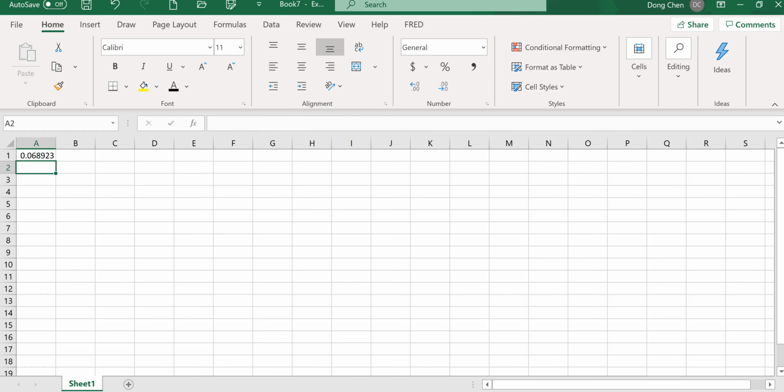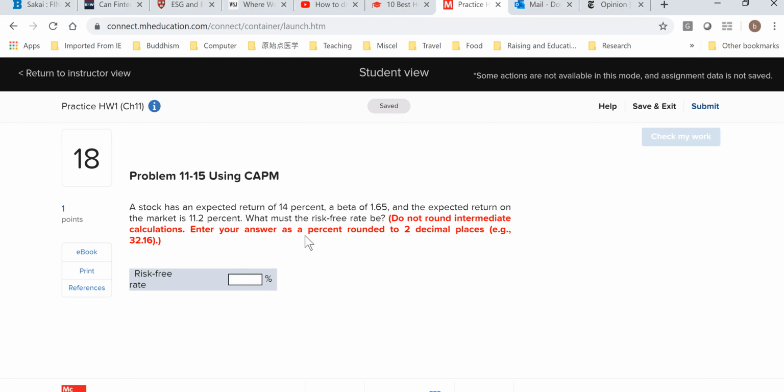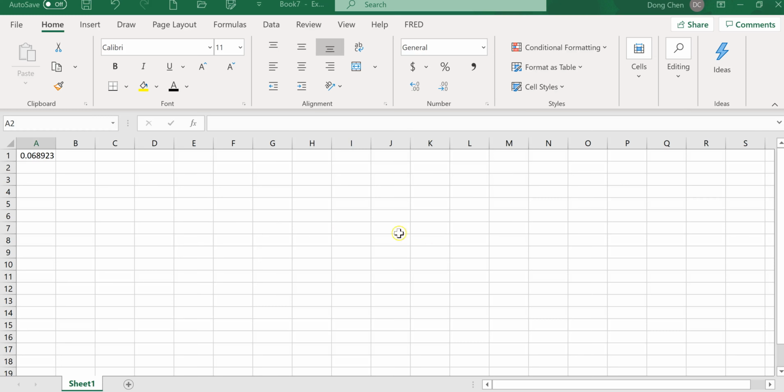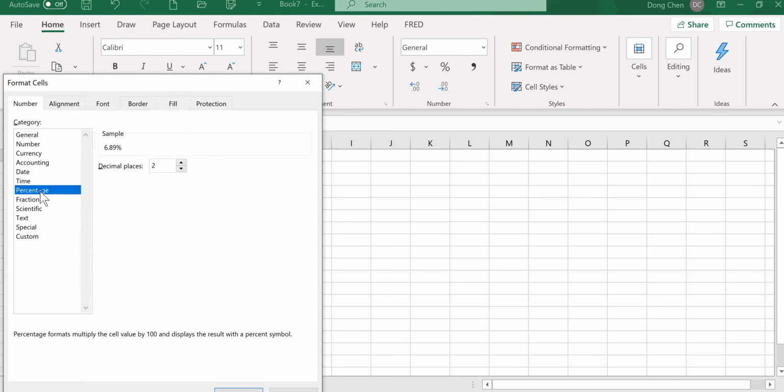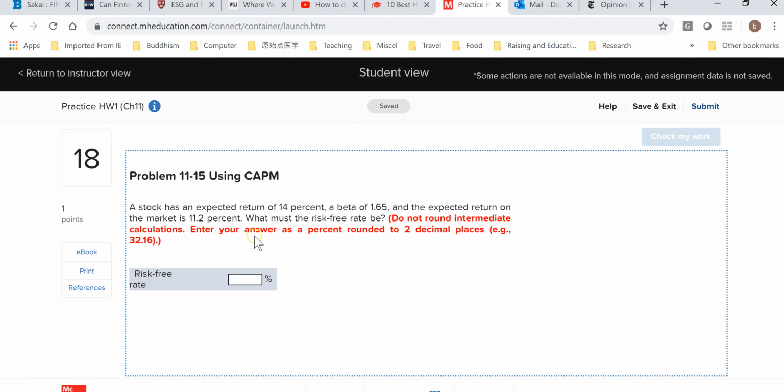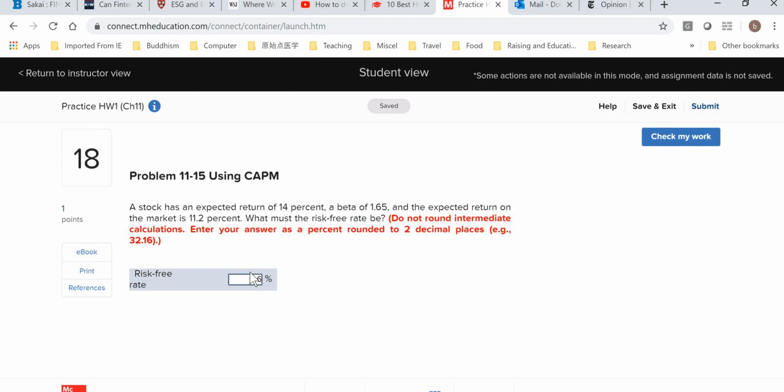We end up with this risk-free rate, and we need to pay attention to the rounding requirement: enter your answer as a percent rounded to 2 decimal places. So we change the format to percentage and keep 2 decimal places, and it's 6.89. So just type 6.89.